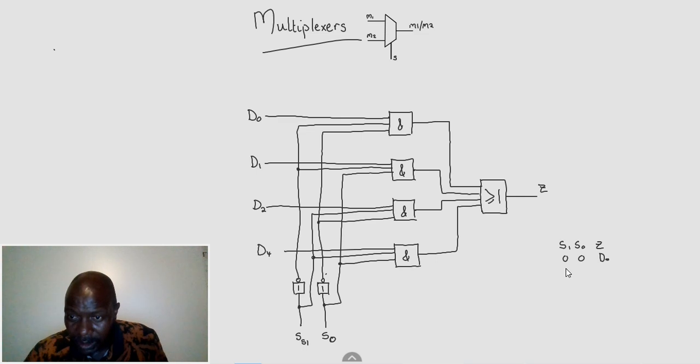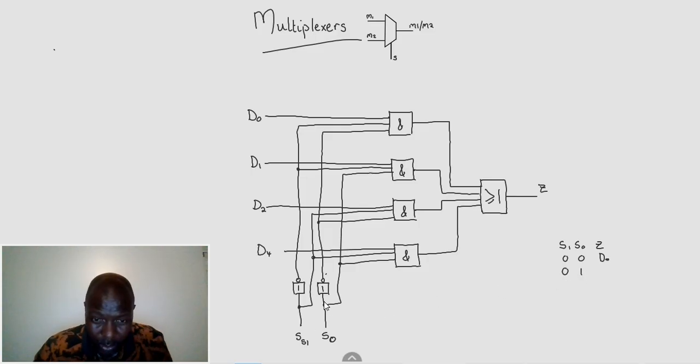Okay, then when you've got 0 1, it means that this one is on 1, but the 0 here closes 1 and 2. Okay, those two are closed. Now we say 0 1. Did I count correctly? Let's see. 0 1.